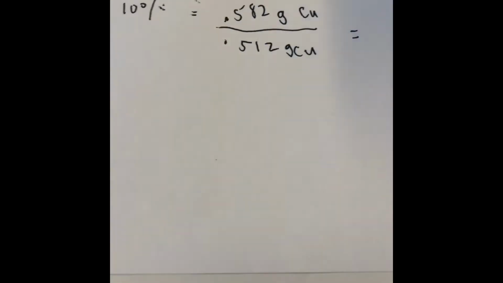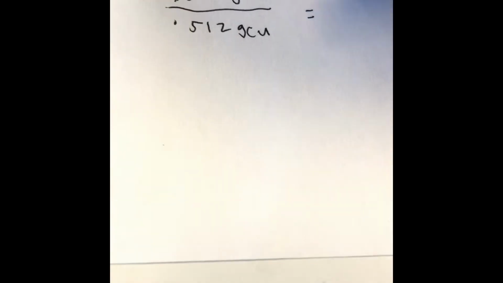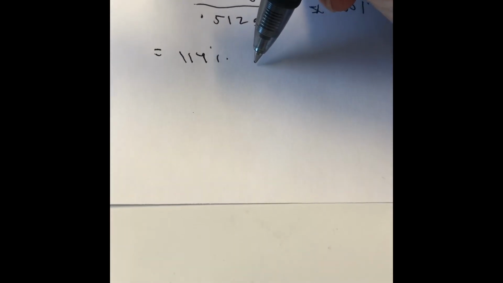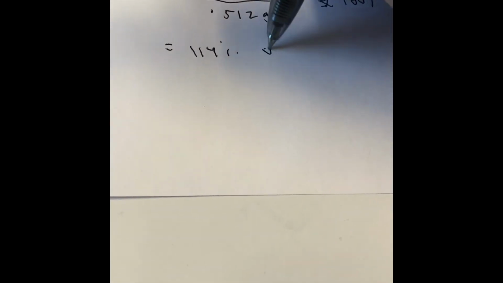My partner and I finished with 0.582 grams of Cu, and we started with 0.512 grams of Cu. So we are going to end up with some experimental error here, due to a common thing that we'll talk about next. Then we times this by 100%, and we end up with 114% yield.